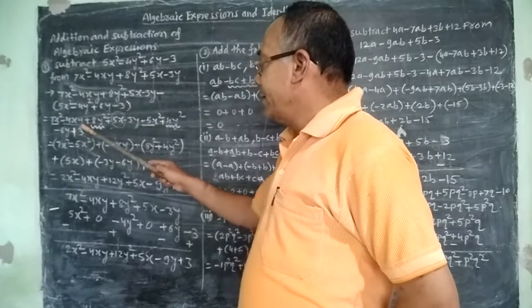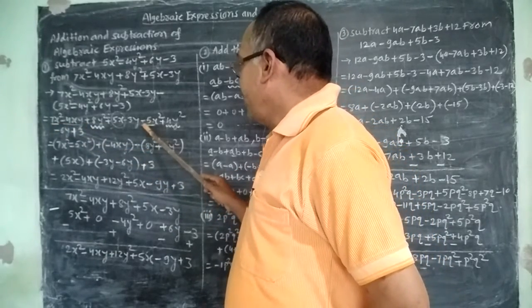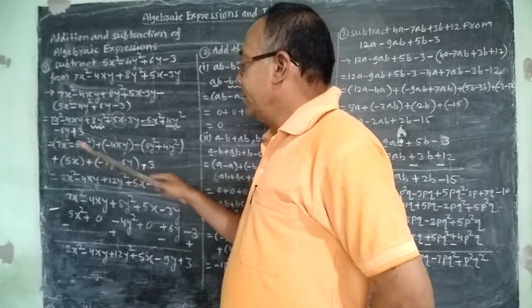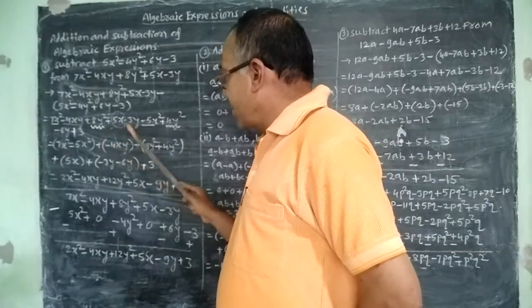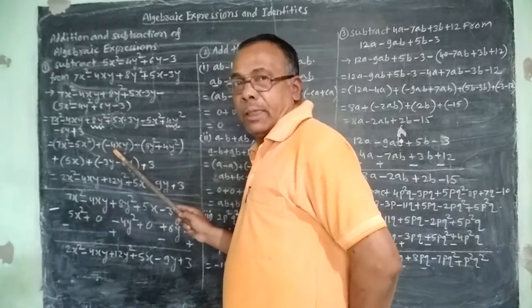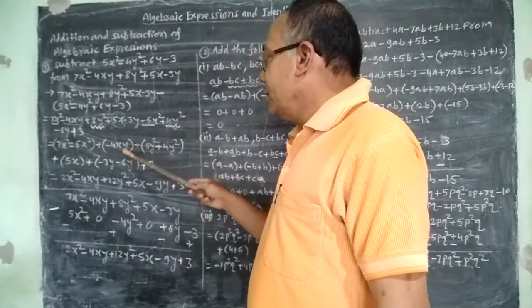Means in the first bracket I have taken 7x square and its like term, that is minus 5x square. Complete the bracket, then plus sign, then into second bracket minus 4xy, but its like term is not there.